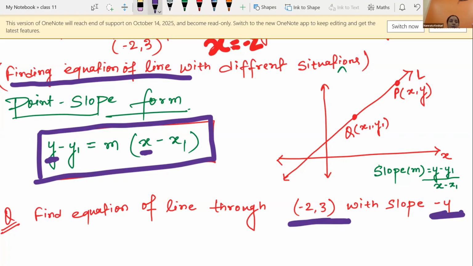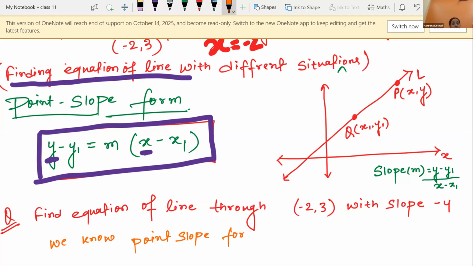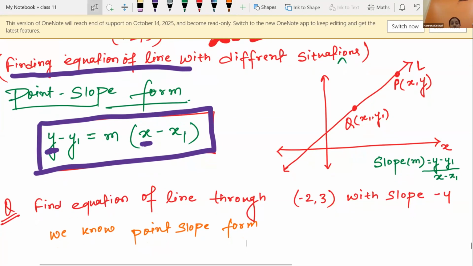Are you getting? Yes. Okay. Now we know point slope form for getting the equation of a line is y minus y1 is equal to m times x minus x1.